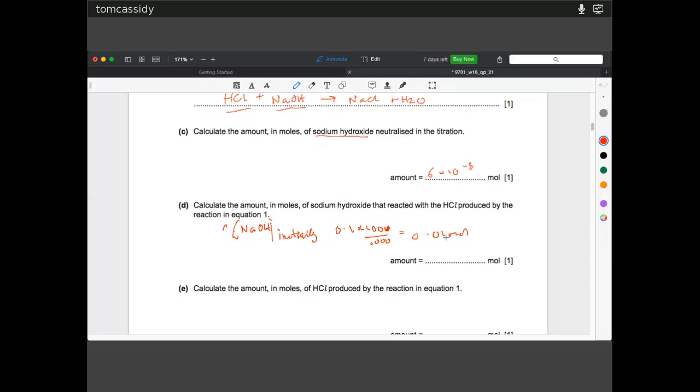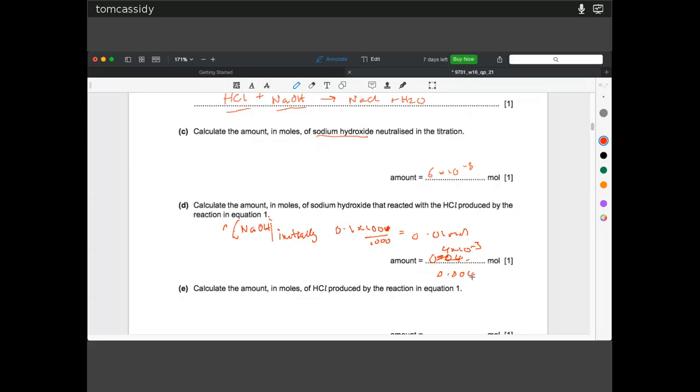So you've got 0.01 minus 0.006, which is 4 times 10 to the minus 3 moles.